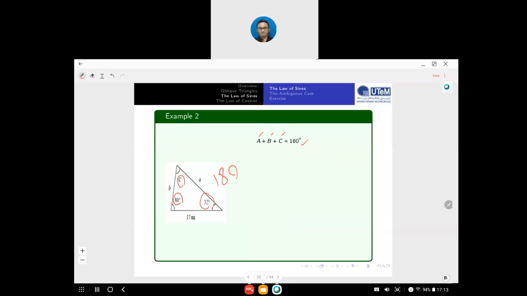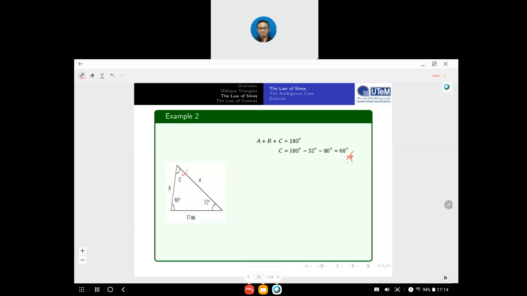So we can get angle C, whereby angle C equals 180 degrees minus 32 degrees minus 80 degrees. So you can get C equal to 68 degrees.